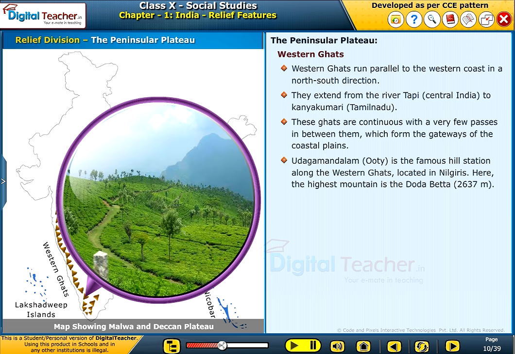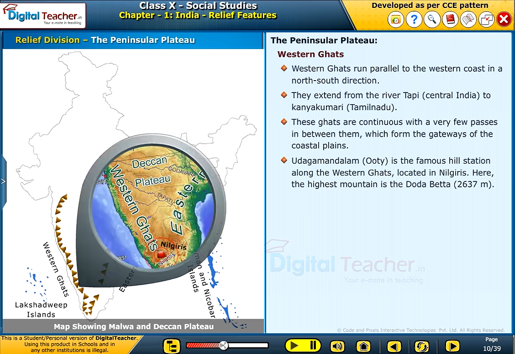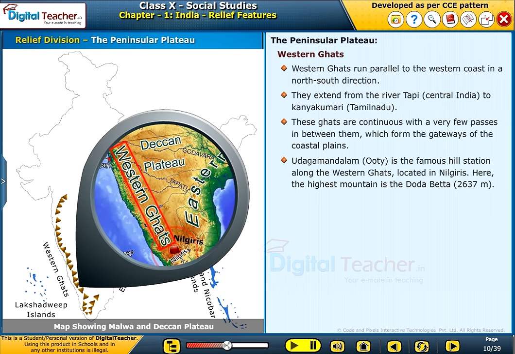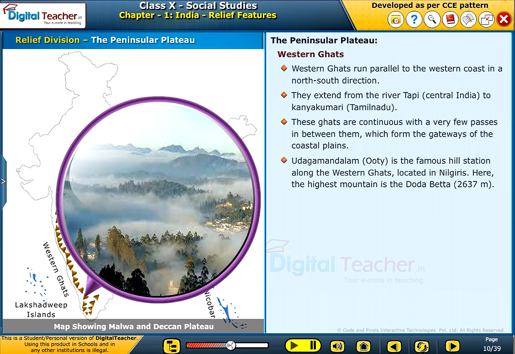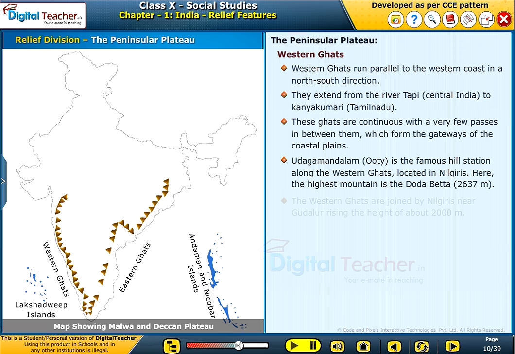Udagamandalam Ooty is the famous hill station along the Western Ghats, located in Nilgiris. Here, the highest mountain is the Doddabetta, 2637 meters. The Western Ghats are joined by Nilgiris near Gudalur, rising to a height of about 2000 meters.